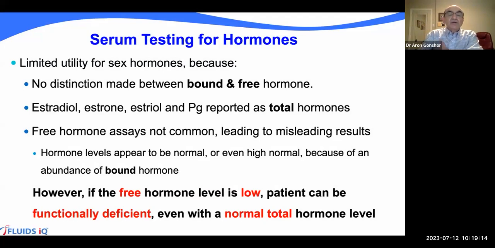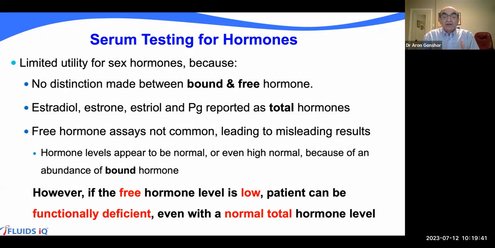So it has limited utility for sex hormones. Why? Because if you're using serum, you're not distinguishing between bound and free hormones, and it's testing really just the total hormones: estradiol, estrone, estriol, etc. The free hormone assays are not being shown, and it leads to very misleading results.